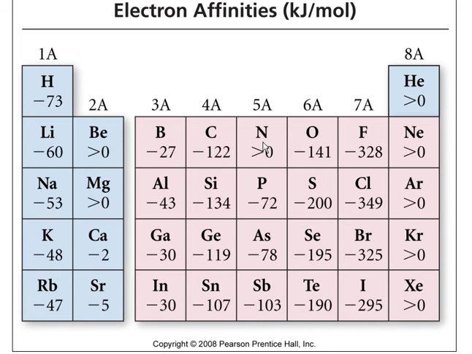Likewise, when we get to nitrogen and we compare it to carbon, there is an exception or a variation from what we would expect. And that's because if you think again about what you're doing when you add that electron to nitrogen, at nitrogen you've half filled the p shell.